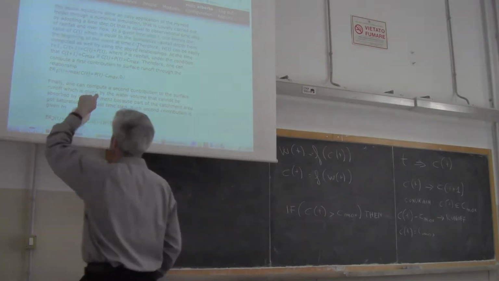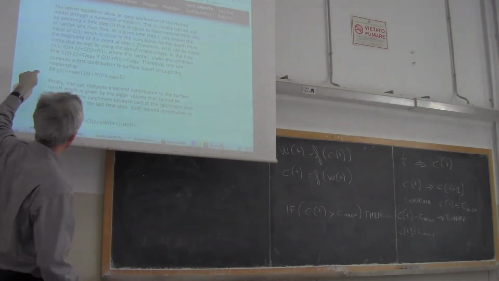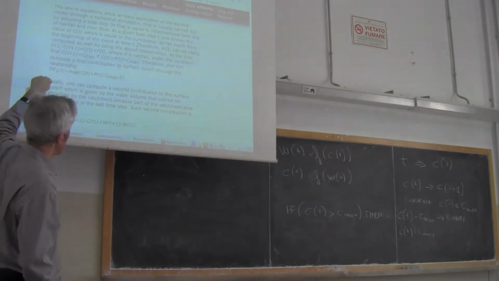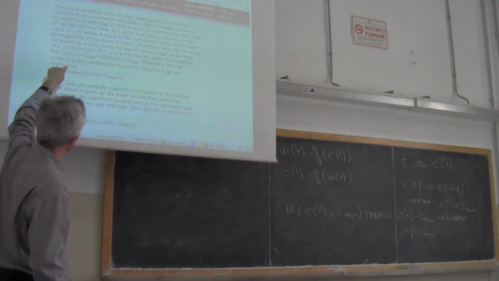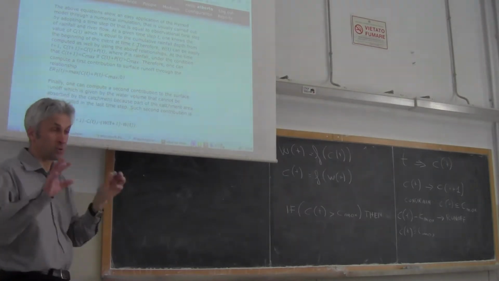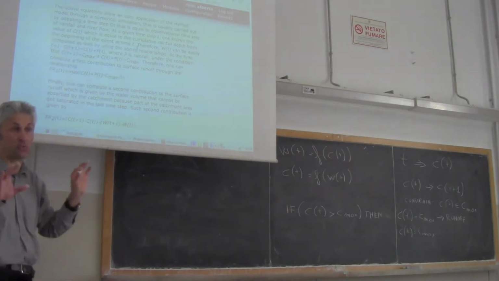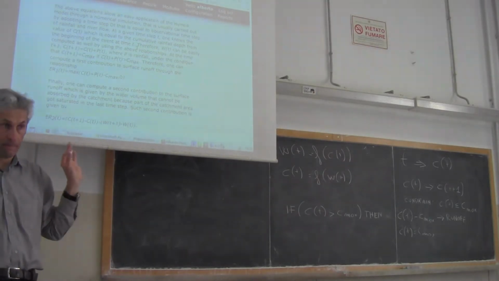I subtract Cmax, and then I compute this first contribution to the surface runoff. Why do I introduce the max between this difference and 0? Because I don't want a contribution to surface runoff to become, for whatever reason, negative.